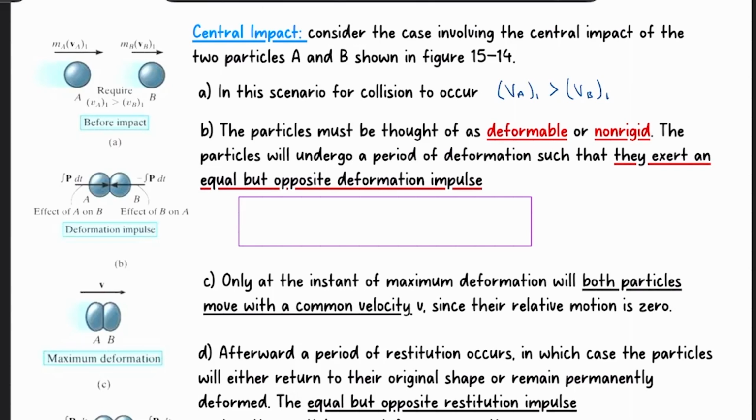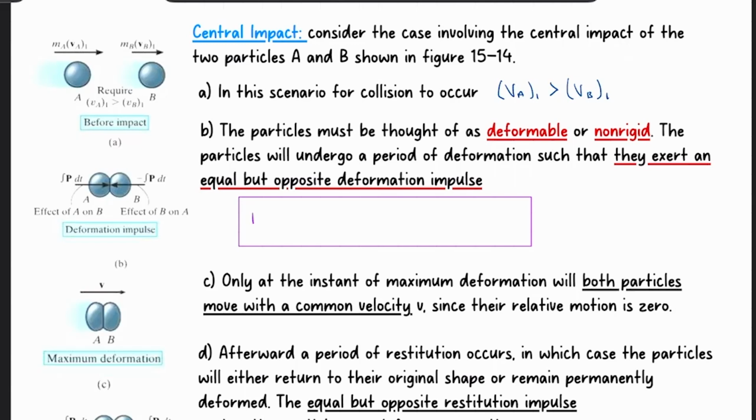In this case, we are treating these objects as deformable bodies, because whenever they collide, they might squish in a little bit, as you see there in figure C. That is the amount of maximum deformation. So we're treating these particles as deformable. If they were rigid, then they wouldn't really deform, and there would be a different consideration, but we're going to be talking about that in the next seconds.